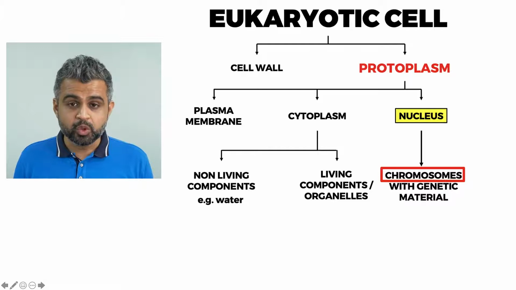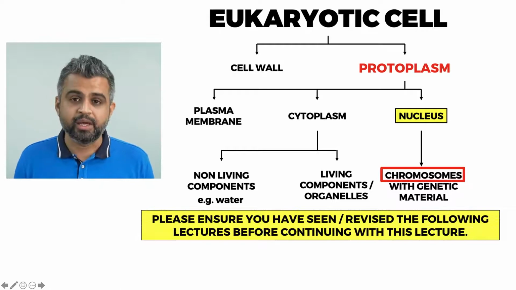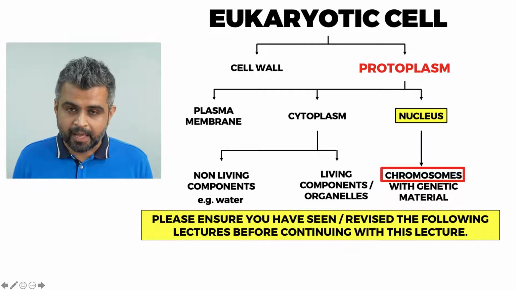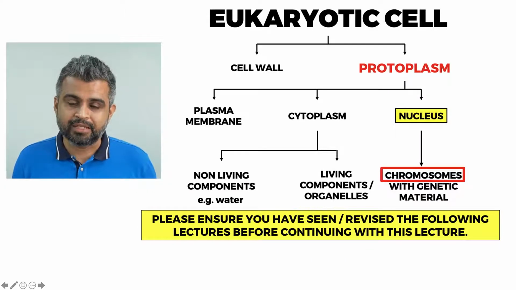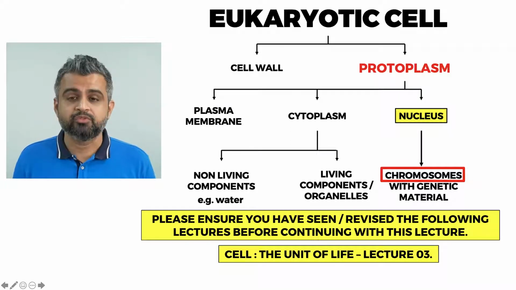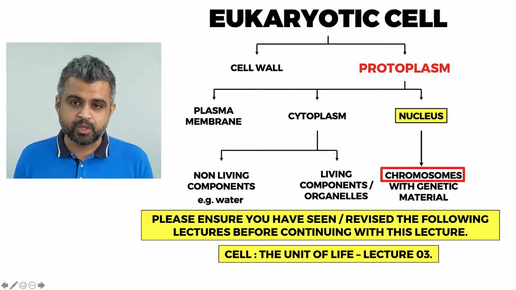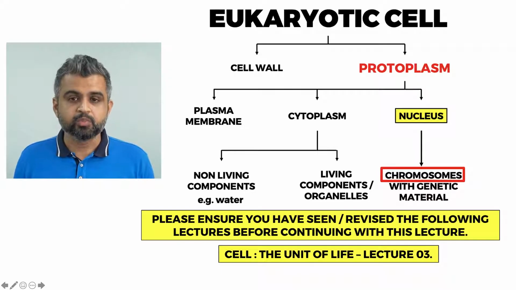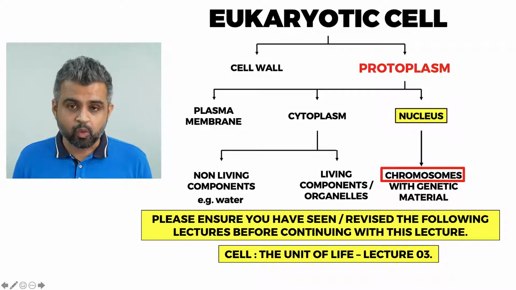So before you see today's session, it is extremely important that you revise or go through the lectures which are now going to show up on your screen. So you will have to see Cell, the Unit of Life, lecture number 3 as well as 4. In fact, what is more important is going to be lecture number 4 of the chapter called Cell.